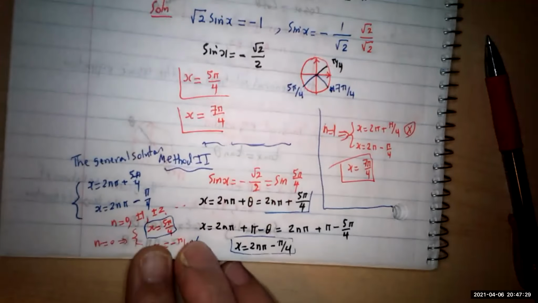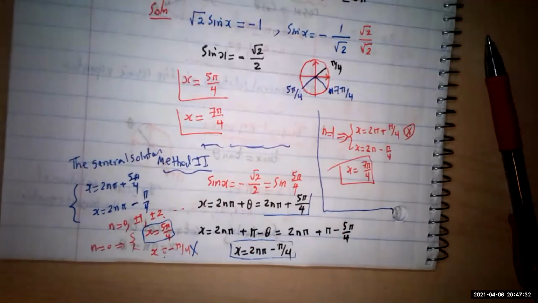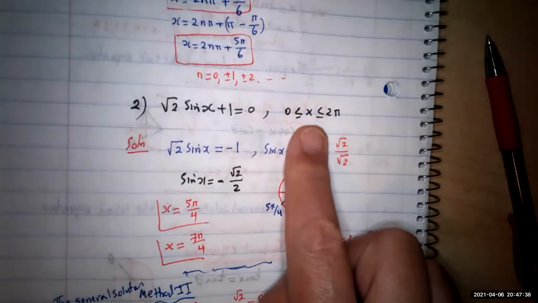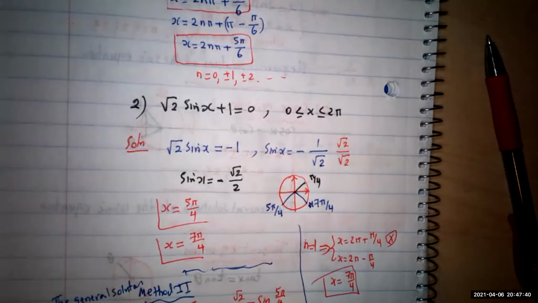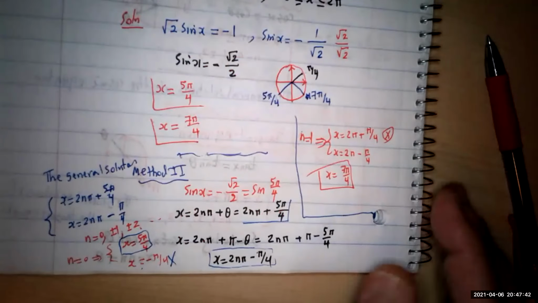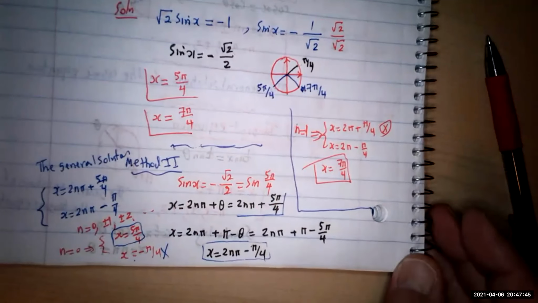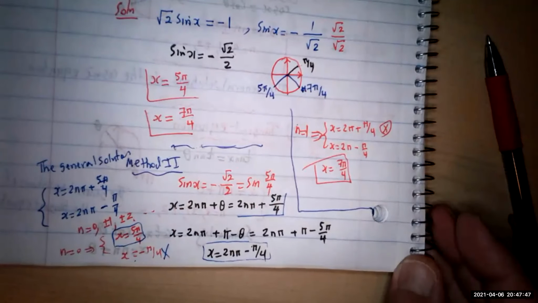But if we give you the information, stay between 0 and 2 pi, almost all the problems in calculus would have this one. There are only some in calculus 2 that you need to take care of. Otherwise, we go with the first method. Any question?